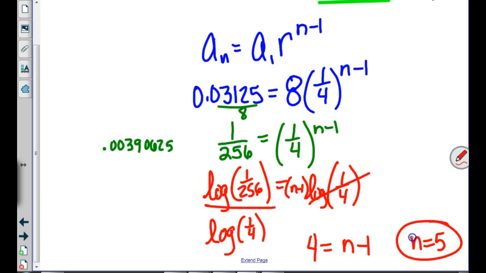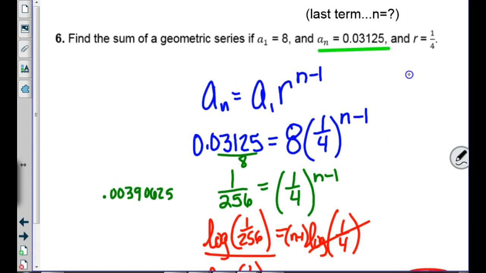Okay, so let's go back and double check. 8 times 1/4 to the power of 5 minus 1 should give us 0.03125. Did it work? Okay. Are we done? No. They wanted actually the sum.